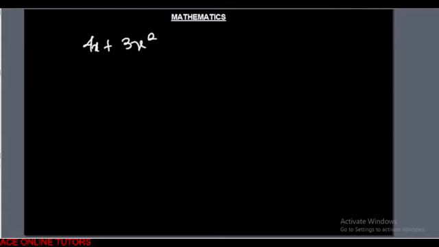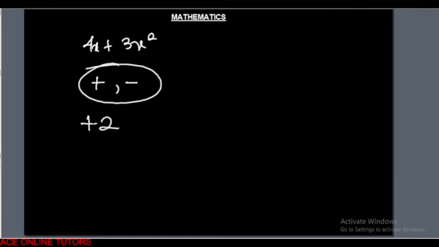You know the number of terms by looking at the number of addition or subtraction signs that you have. That's what is going to tell you the number of terms. Now in mathematics, if I just have 2 and I don't put any sign before it, automatically this 2 is a positive number even without the sign.